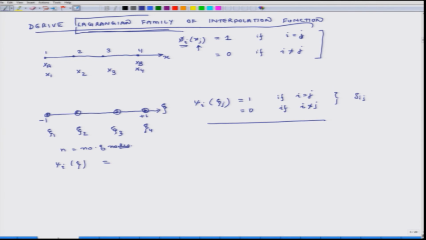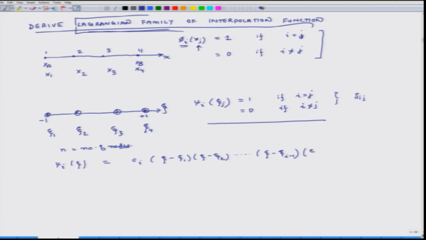If it has to be 0 at all other nodes, then it will have to be some constant Ci times zeta minus zeta 1, because it is going to be 0 at the first node, zeta minus zeta 2, and so on. First node it is 0, second node it is 0, dot dot dot, and I keep going till zeta minus zeta I minus 1, right. I do not go to zeta I, because if it is zeta minus zeta I, then it will be 0 at the ith node also.